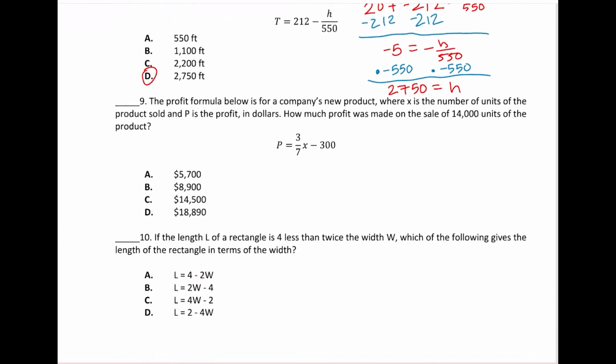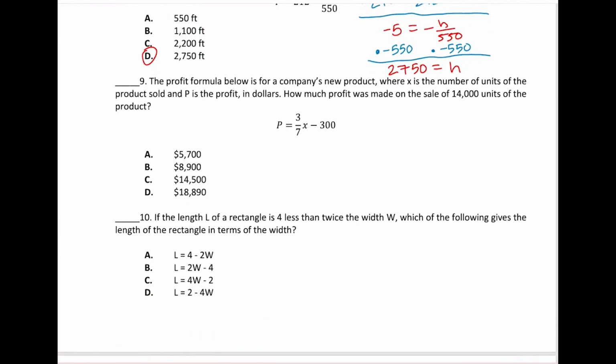Number 9 says the profit formula below is for a company's new product, where X is the number of units the product sold and P is the profit. How much profit was made on a sale of 1,400 units? So the 1,400 units is the number of units. So that's going to be our X. We're going to put that number right here, and I'm just going to rewrite this as P equals 3/7 times 14,000 minus 300.